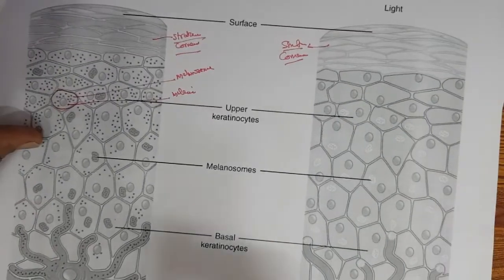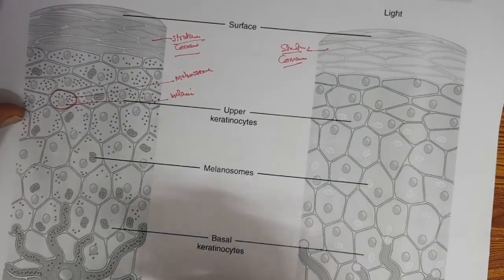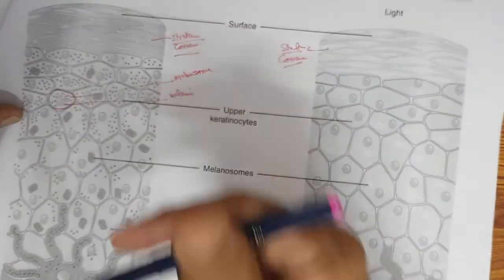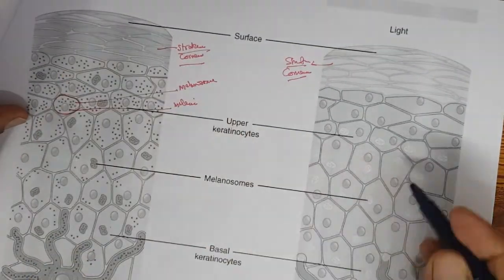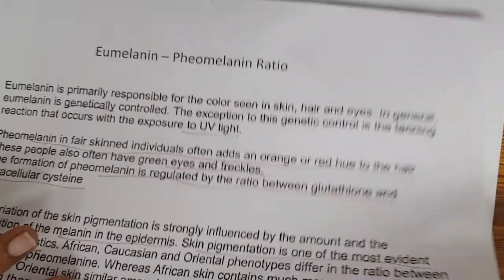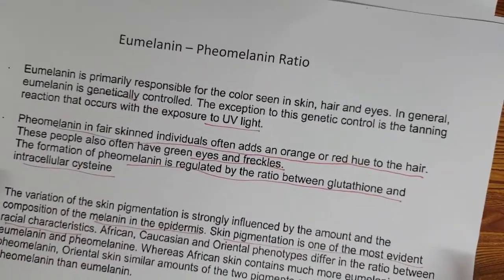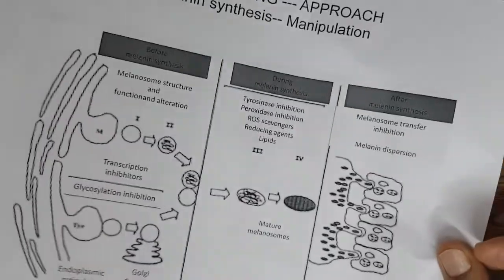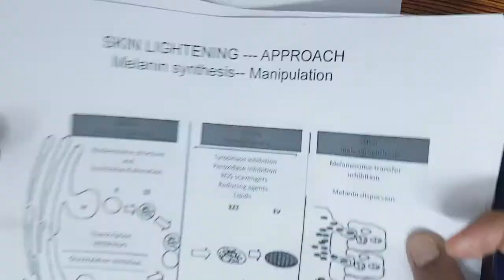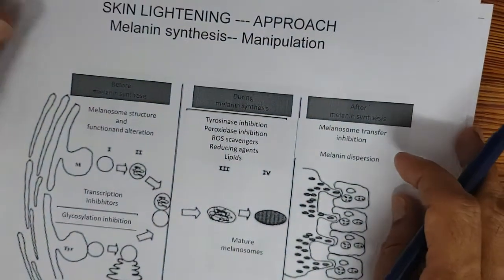So, eumelanin and pheomelanin, before it migrates out, how the color is strong here and how it fades here, right? So, this is it. Now, how to control the skin pigmentation, right?